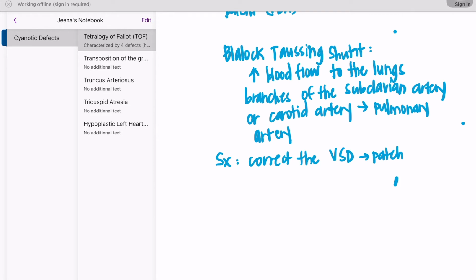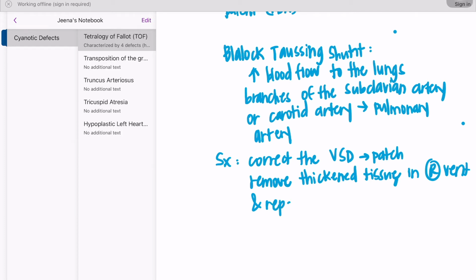And then they'll remove the thickened tissue in the right ventricle and repair the pulmonary stenosis or the pulmonary valve that's narrow. So they'll repair the valve so that they can get more blood to go through there. So in a sense, they'll enlarge it. Okay? And then that's pretty much it.